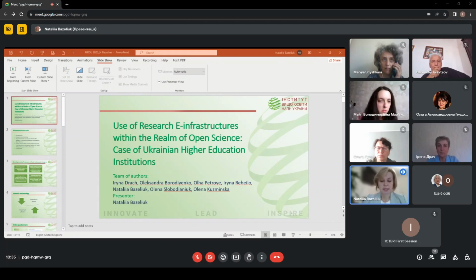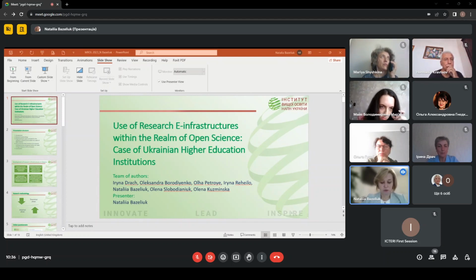Specifically, the survey aimed to investigate the current state of organizational support for research infrastructure within the realm of open science at the institutional level, and to discern the distinctive characteristics associated with utilizing research infrastructure services in Ukrainian higher education institutions. An online questionnaire titled Open Science in Higher Education Institutions of Ukraine was developed to gather data from higher education professionals. The questionnaire comprised both close-ended questions offering predefined answer options with the possibility of either single or multiple choice, and open-ended questions allowing participants to provide detailed responses.